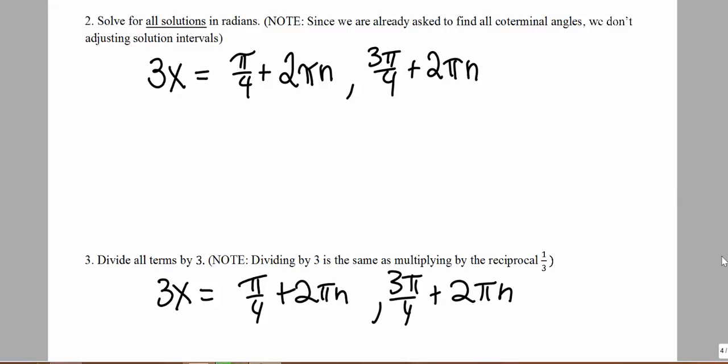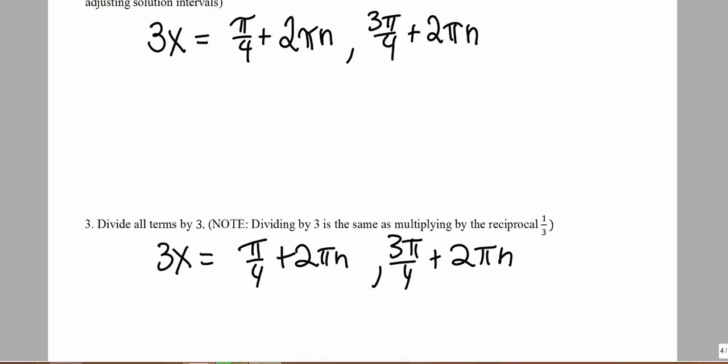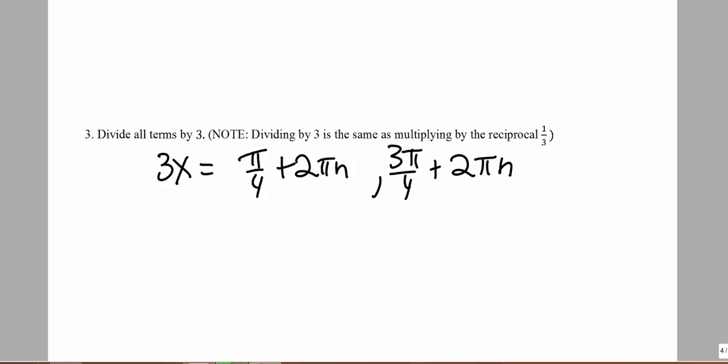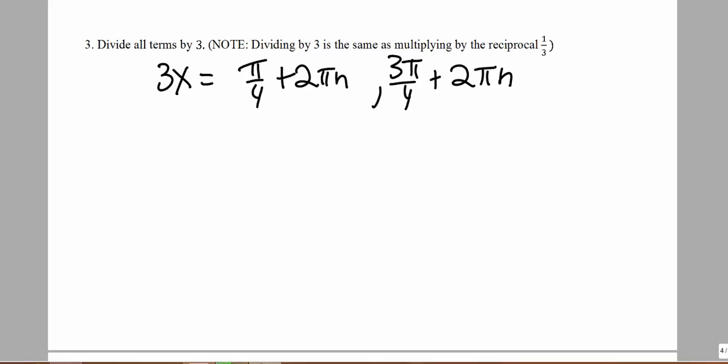And something that's important, if I'm going to divide by 3 to get x by itself, that's the same thing as multiplying by 1/3. What's important here is that I'm not just multiplying the original angles by 1/3, we're doing it to every term on both sides. So we're going to multiply by 1/3 here, and times the 2 pi n.